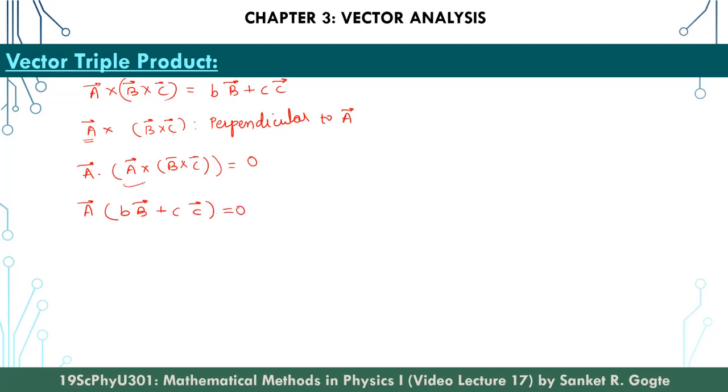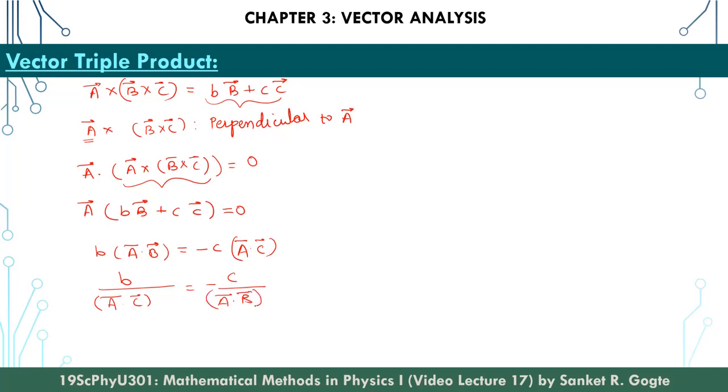So here for this step, I have used the right hand side of the first relation that we have written, and what we know now is B into A dot B is equal to minus C into A dot C. Let me rearrange this equation to write B divided by A dot C is equal to minus C divided by A dot B. Now both these terms are scalar quantities.